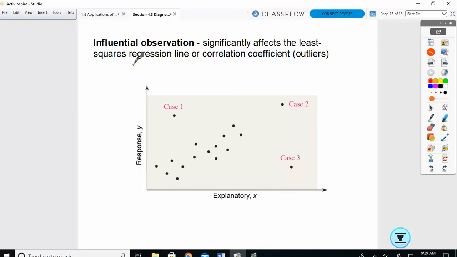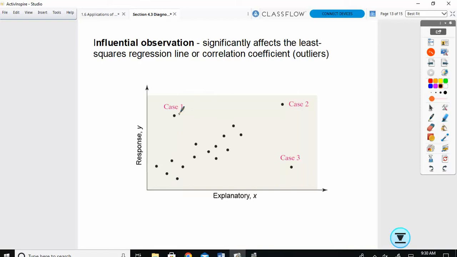All right, so this scatter plot, we're looking at it. It's a regular scatter plot, and we have 3 outliers here. 1, 2, and 3. I want to know which of these would be influential points. Influential means when you did the line of best fit, it would change your line a lot.